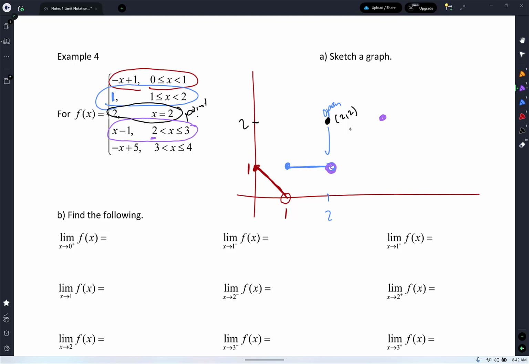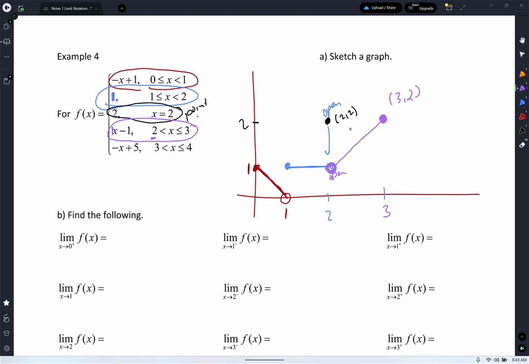This is open again. And connect. This is solid. That's at (3, 2). That's at point 3. I went up 1, right 1, because my slope was 1. Or you can just plug in a 3 in there. 3 minus 1 is 2. And you get the output of 2.